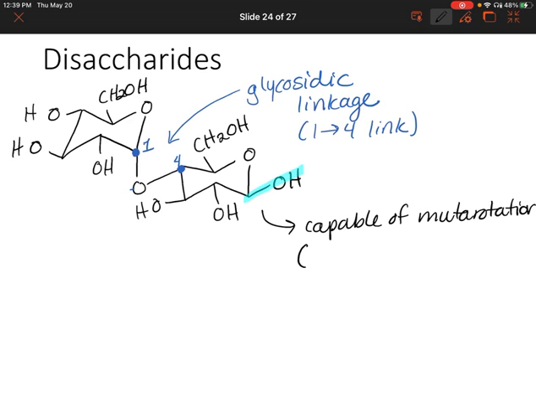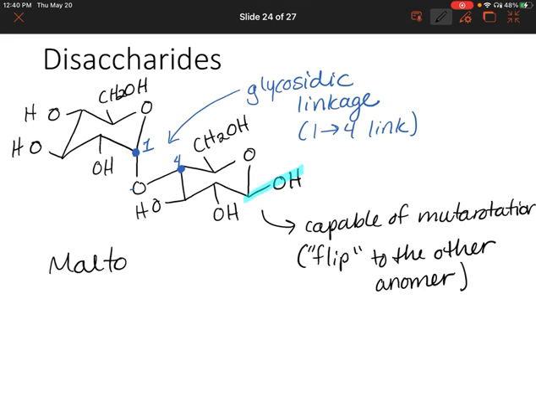So this can basically flip, I'll put it in quotations though, to the other anomer. And that would involve opening up the cyclic structure to the open chain structure and then closing it again. But we can still do that. Now, this particular disaccharide is called maltose.